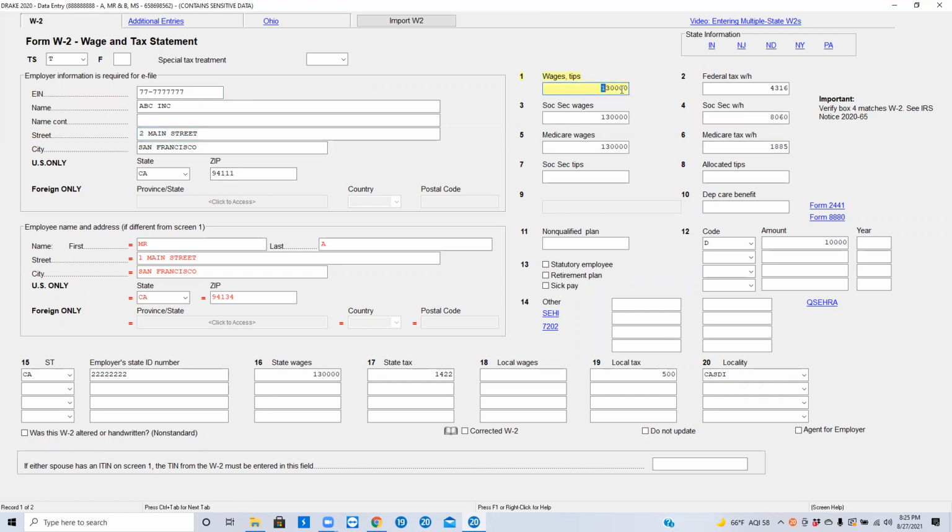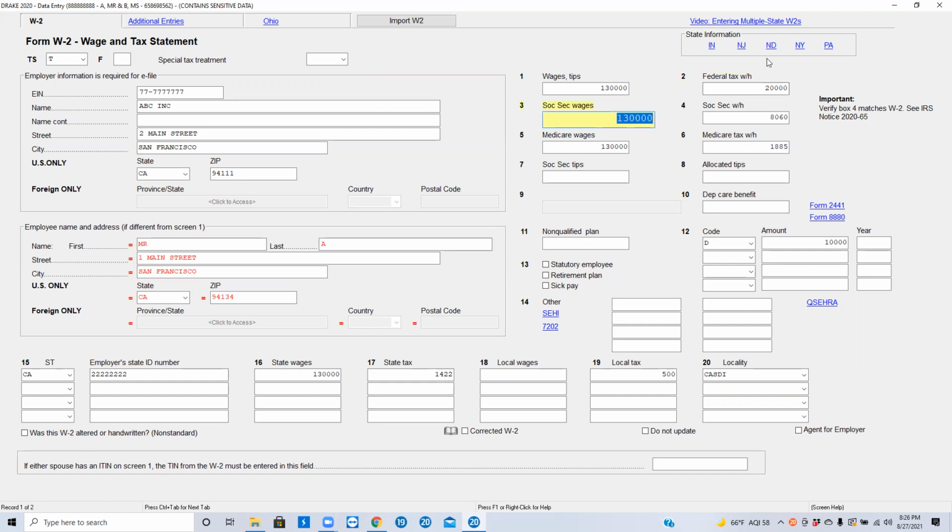Now, assuming this person makes 130,000, obviously, if you make 130,000, your tax withholding most likely is not going to be 4,000-something. It most likely will be more, about, let's say, 20K.